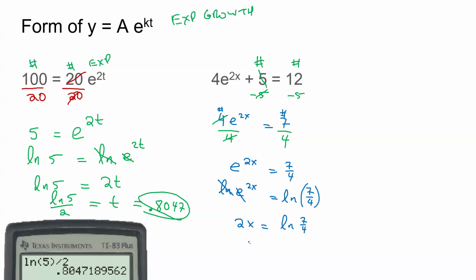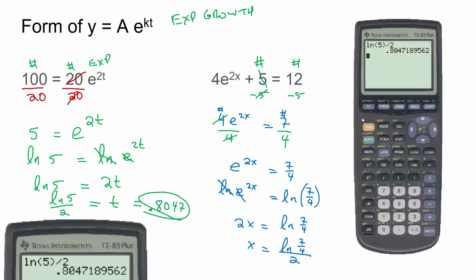And then all I have to do is divide by 2, like so, and get a value for x. Natural log of 7 divided by 4. We're done taking the natural log, and then I have to divide by the 2, which gives me 0.2798.